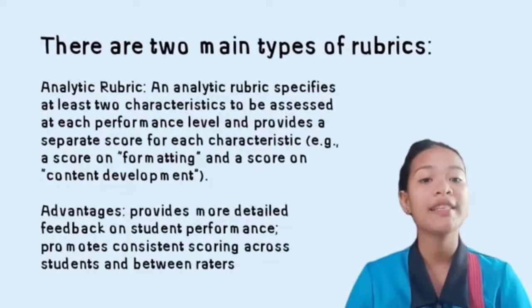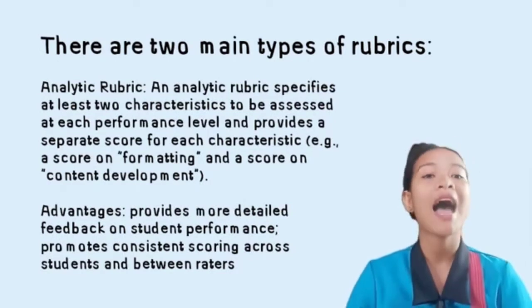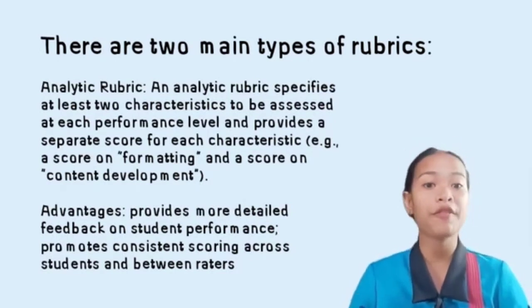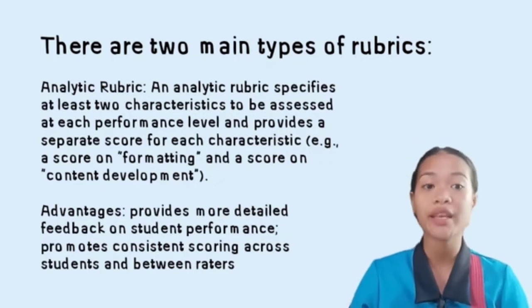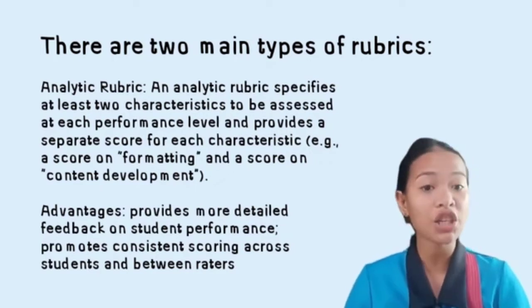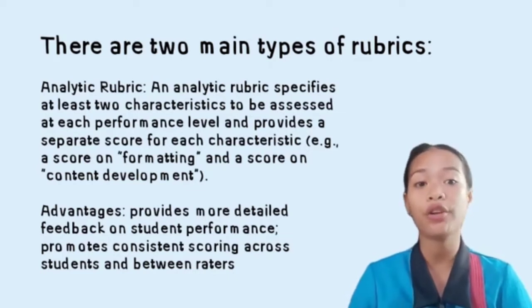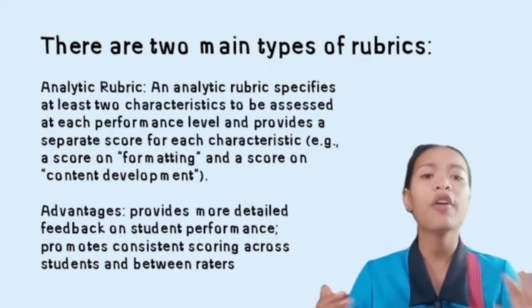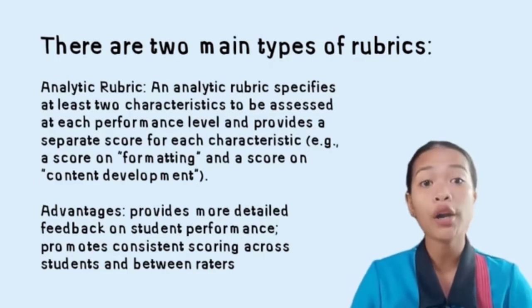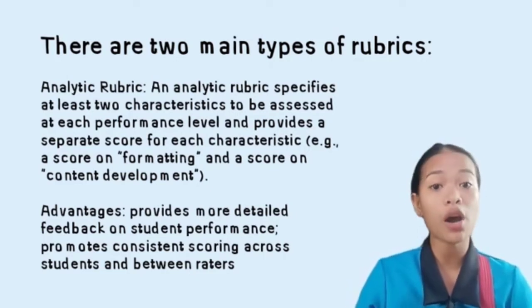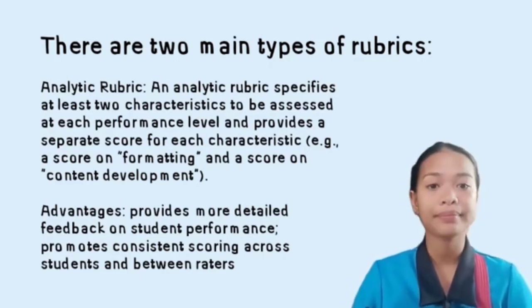So first, the analytic rubric. An analytic rubric specifies at least 2 characteristics to be assessed at each performance level and provides a separate score for each characteristic. So for example, a score on formatting and a score on content development.